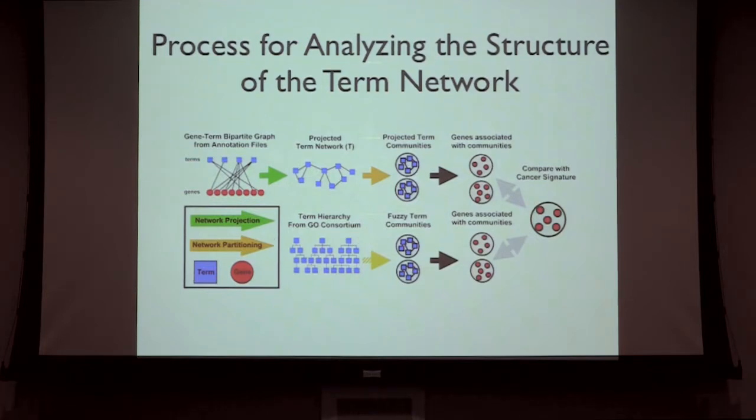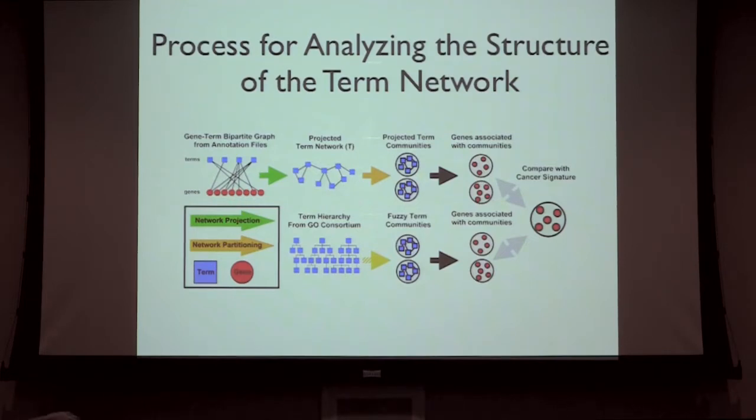So it's this human built hierarchy, and we can collapse this into fuzzy term communities. So each community here is then a branch, and all the terms underneath this branch are included here. And when I say fuzzy, it's because terms can be included in multiple different branches.